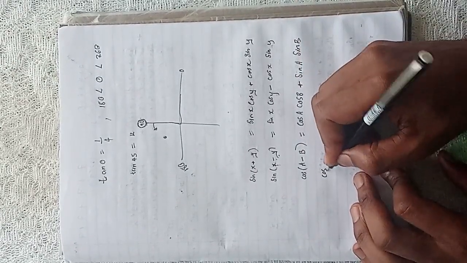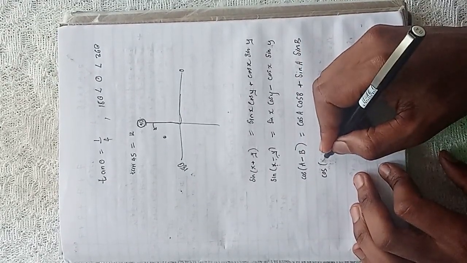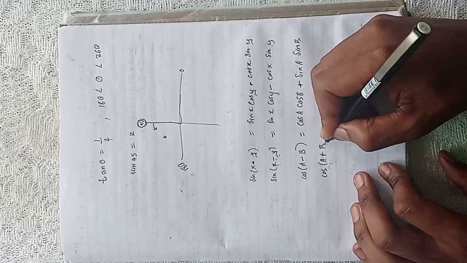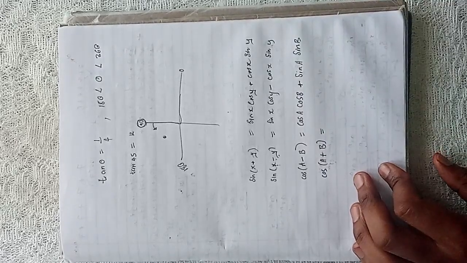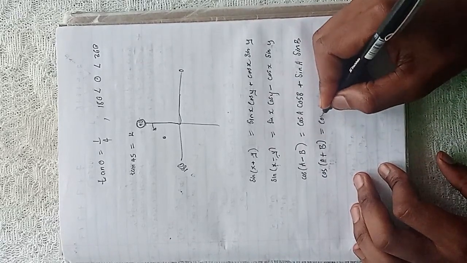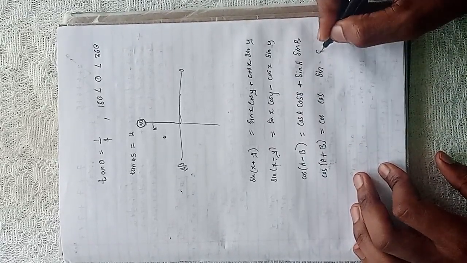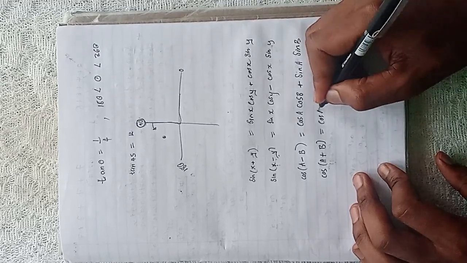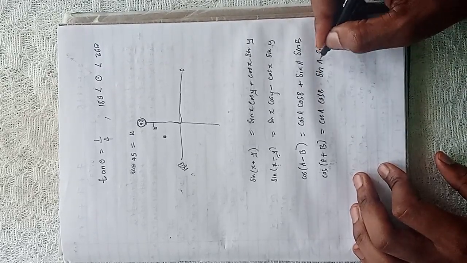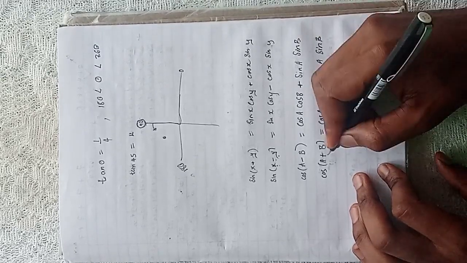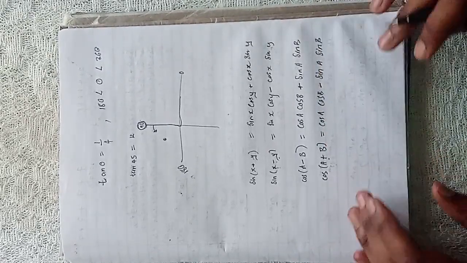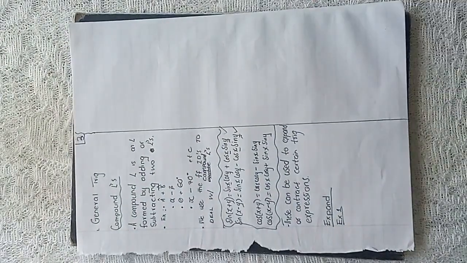Let's look at the second one: A, B, cos, cos, sine, sine, A, B, A, B, and its positive will be negative. It's very important that you know this by heart.